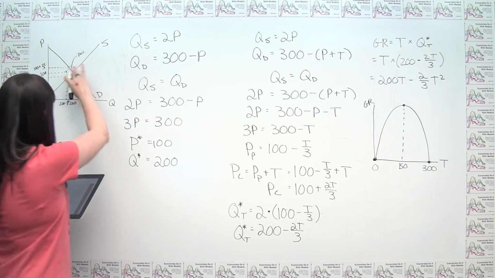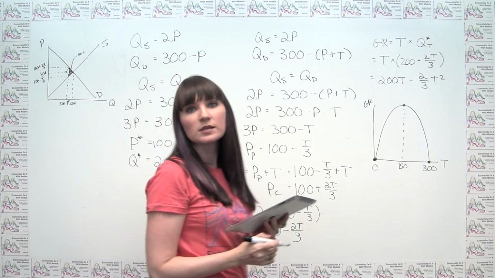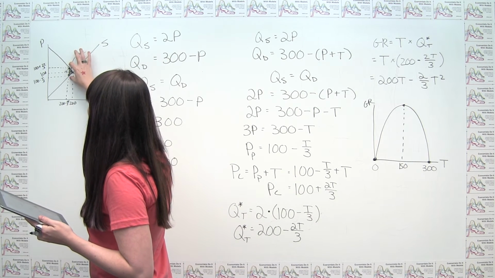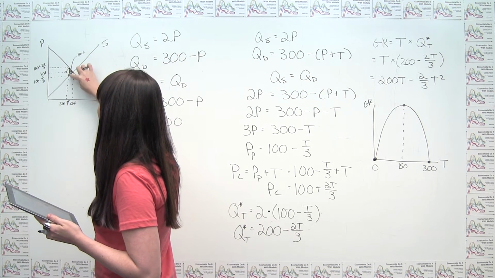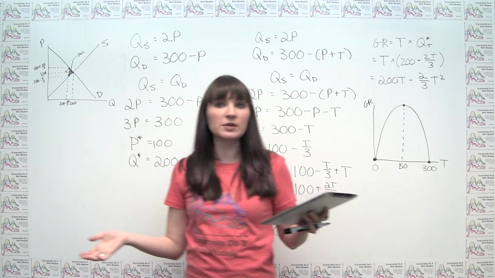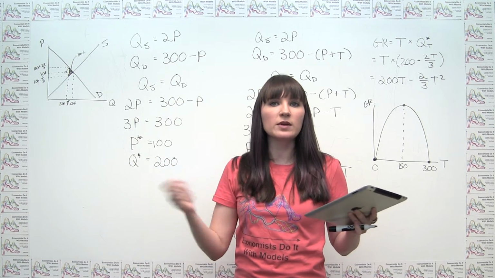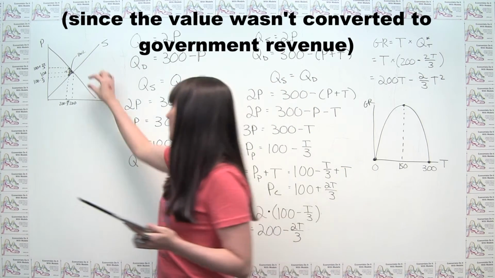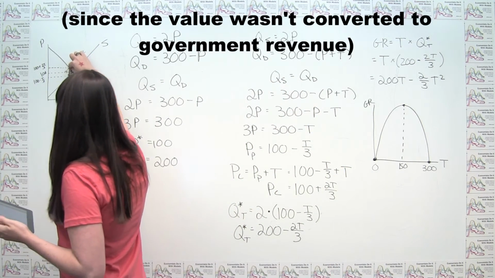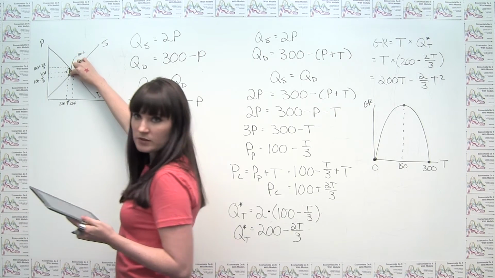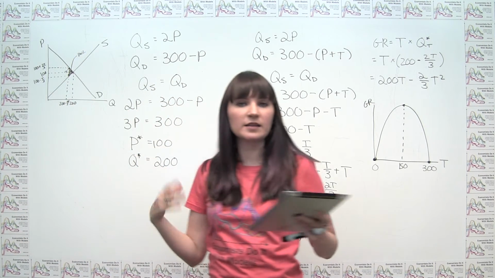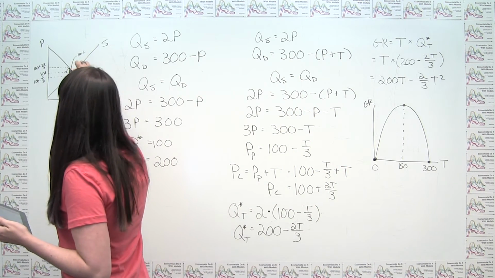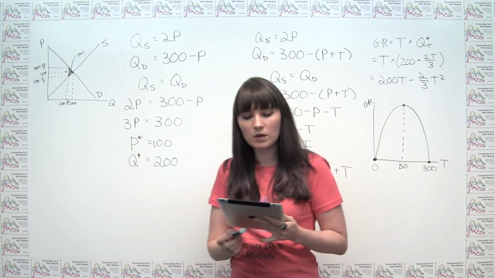And that's simply because this is the region where units used to be transacted before the tax was put in place, but the tax caused these units to not be transacted. So it took away whatever value was being created from transacting those units, and the vertical distance between the valuation to the consumer and the cost to the producer is in fact the amount of value that was taken away for each unit. So that's why we get this deadweight loss, being this triangle here.